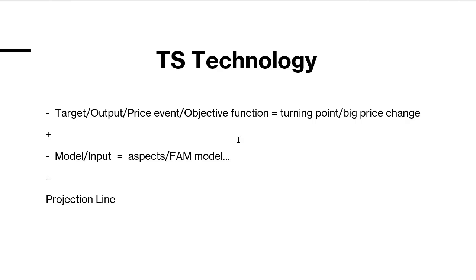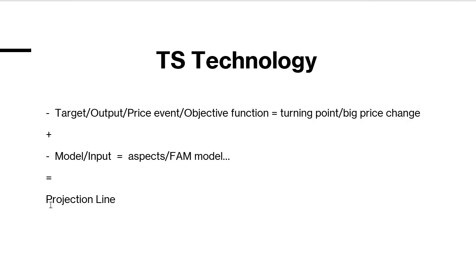How we want to predict this turning point, what this prediction is based on. In neural net science they call it input. It can be aspects. We try to predict turning points based on aspects, or on a model based on planetary position. And as a result, we get a projection line.